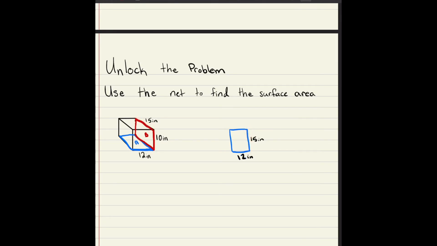So I need to draw coming off of that. So 15 is still on that side, but if I accounted for these two sides, now I need to account for the bottom, which would be 10 inches. So this is shape B, this is shape A.